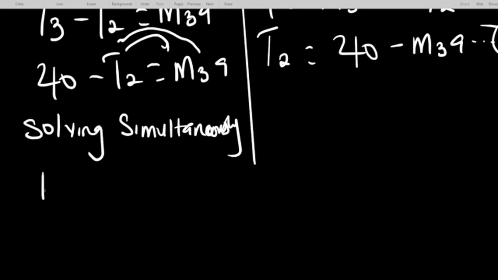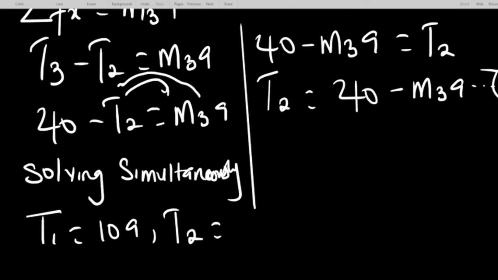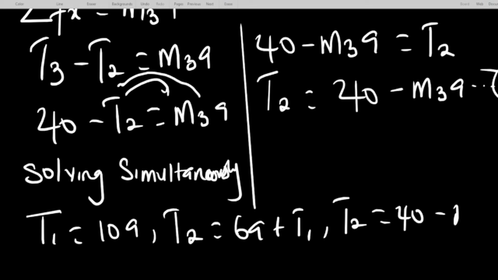We have T1 is equal to 10A. T2 is equal to 6A plus T1. And then T2 again is equal to 40 minus M3A.